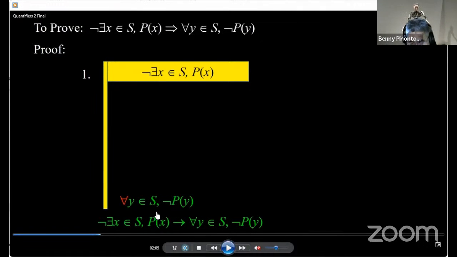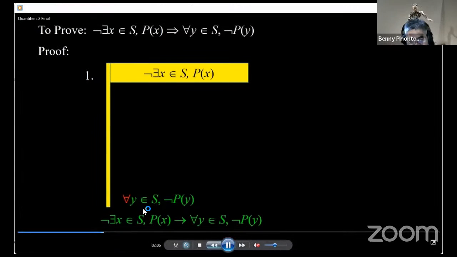Now, what next do we have to do? This is a universal quantifier. So we have for all here. So we have to do the introduction of, oh no, the introduction of the universal quantifier.